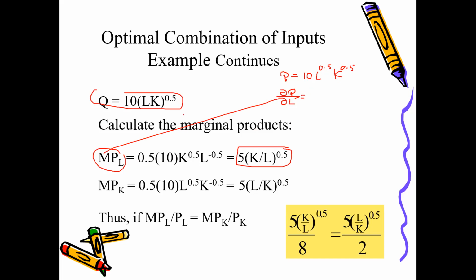When you differentiate, you multiply 0.5 by 10, and get 5, L to the power 0.5 minus 1, and K to the 0.5.